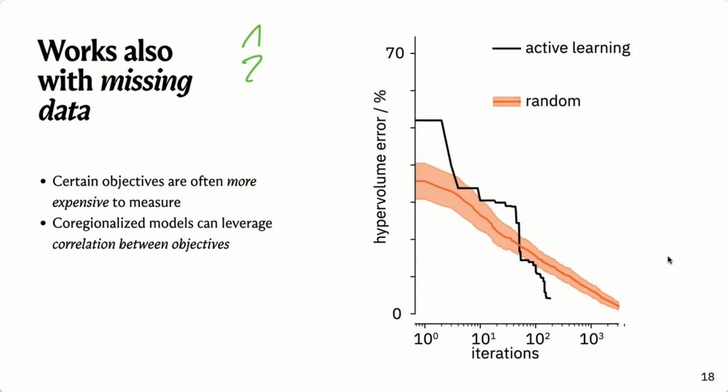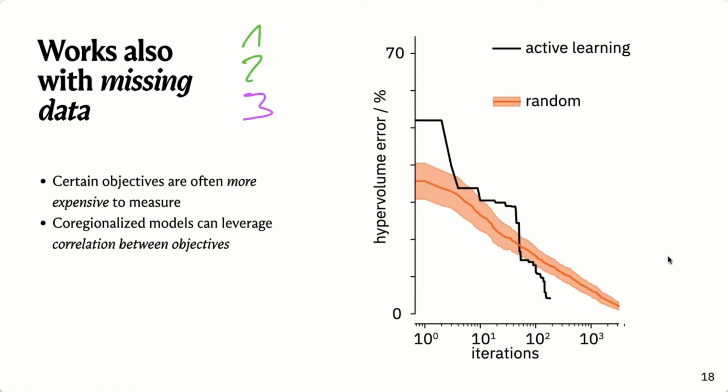And then you have a third one, which is really a mess to get. It takes you months or weeks. You may have to go to some light source to get this third objective. So somehow you would like to measure the first 2 for all your materials, but you would like to avoid measuring the third one because it's really expensive. But you would still like to get some speedup with ML in this case.